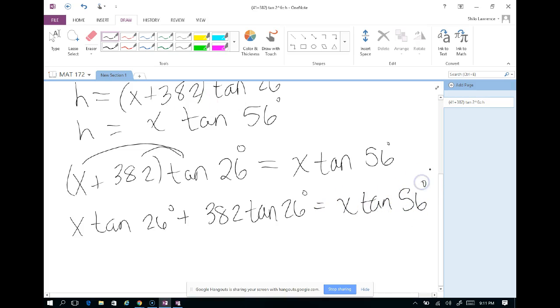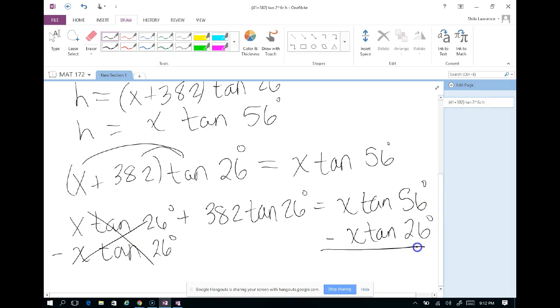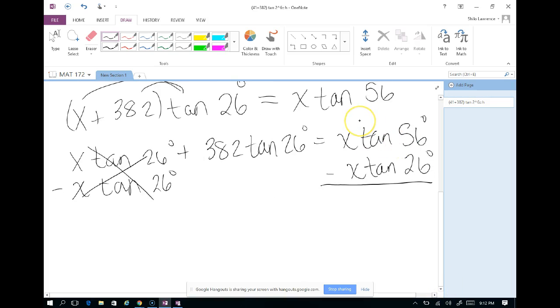Now in order to solve for x, I need every term with an x to be combined. So I'm going to take this entire term from the left and move it over to the right. Now those x's do not cancel. The tangent parts of them really just have number values, and when we figure out the number values for tan 56 and tan 26, they're going to actually serve as coefficients on the x.